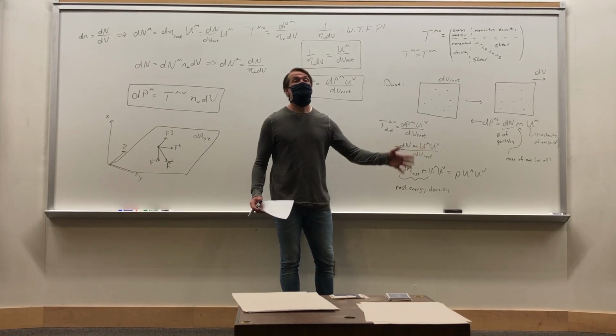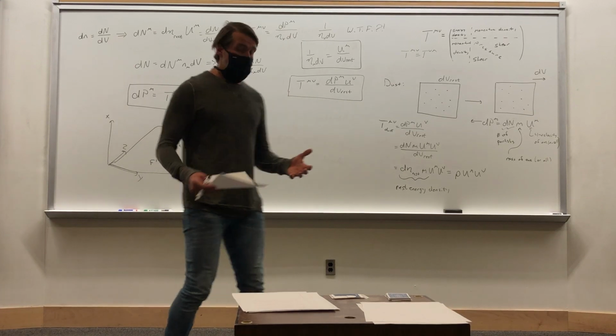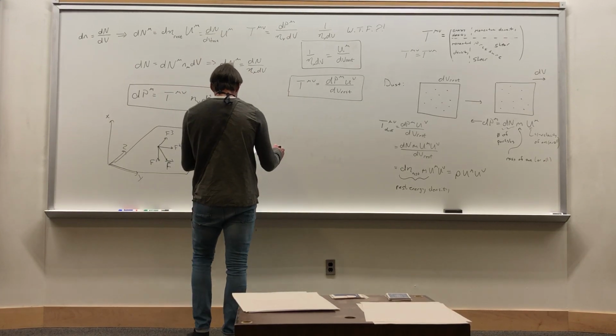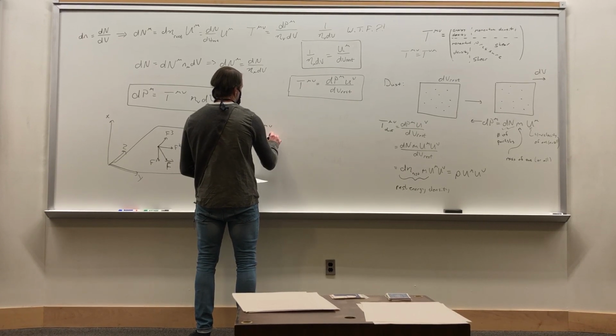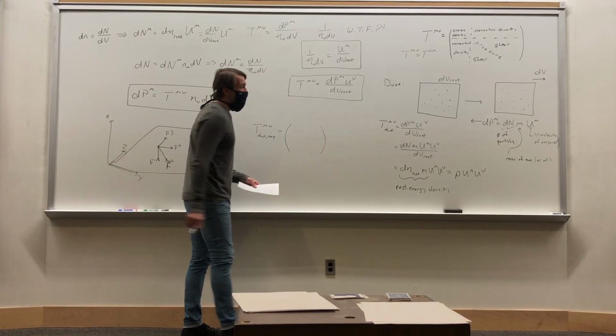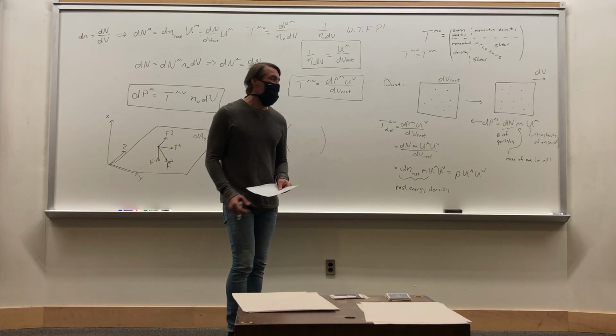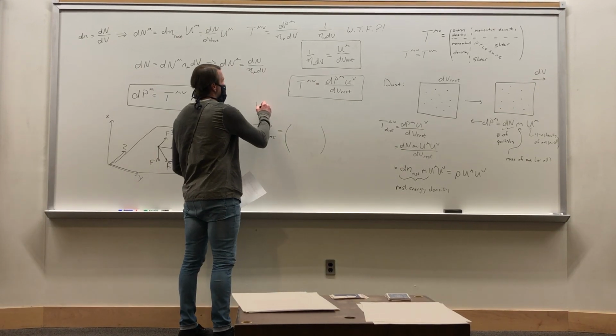It doesn't have to be just in the rest frame. We can evaluate it in the rest frame. So t mu nu dust in the rest frame equals, well, if you're in the rest frame of this system, what is the vector u mu?